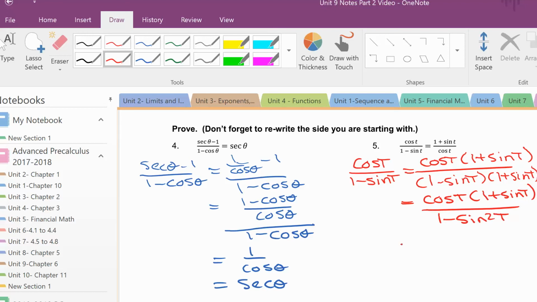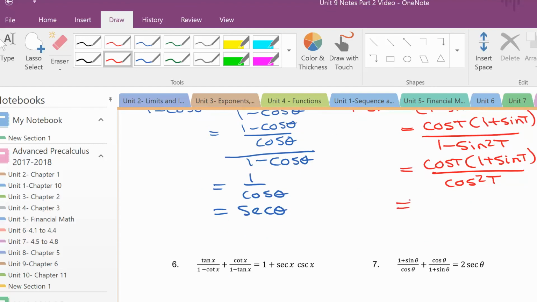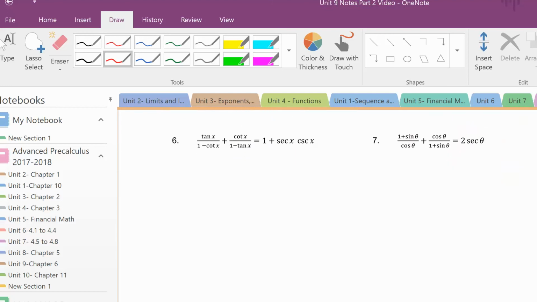And that is cosine t times 1 plus sine t over cosine squared t. And then notice you can cancel. So it becomes 1 plus sine t over cosine t. And there you go.